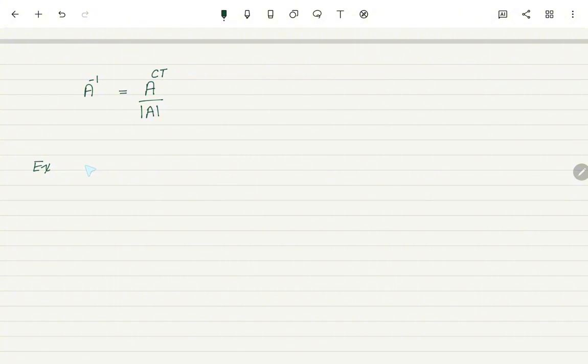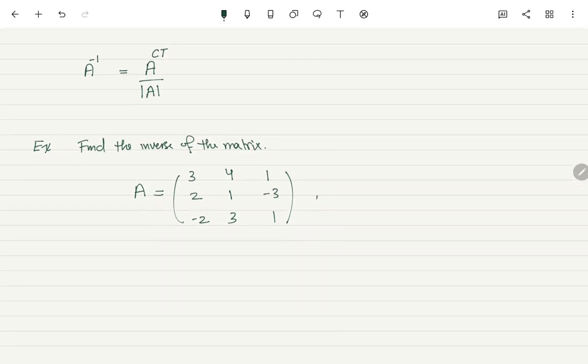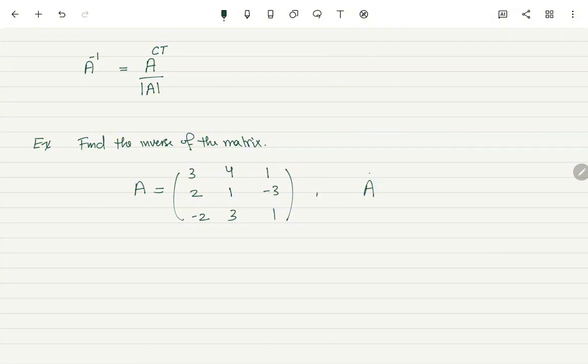Example: find the inverse of the matrix A equal to 3, 4, 1, 2, 1, minus 3, minus 2, 3, 1. Let's find the cofactors matrix.